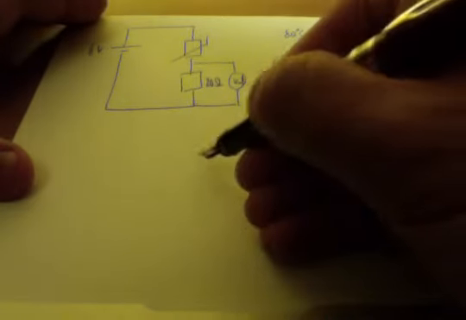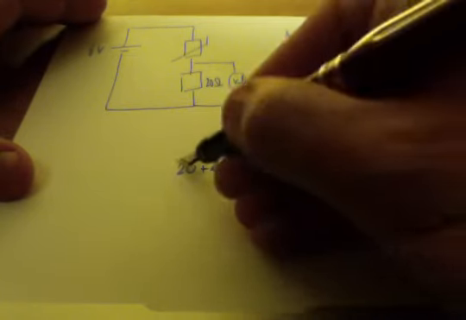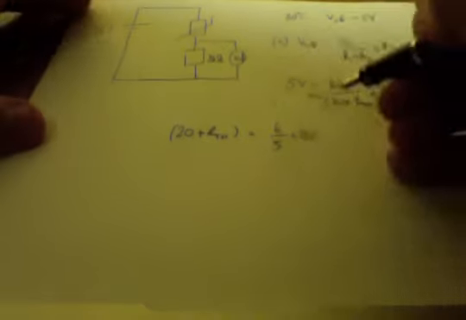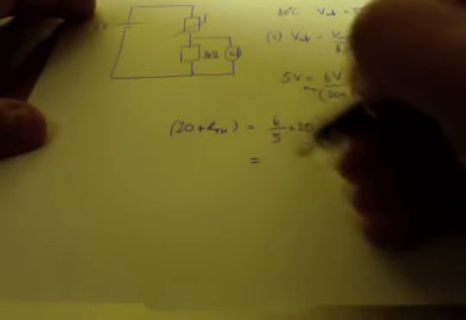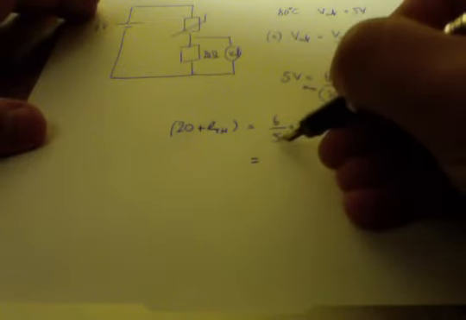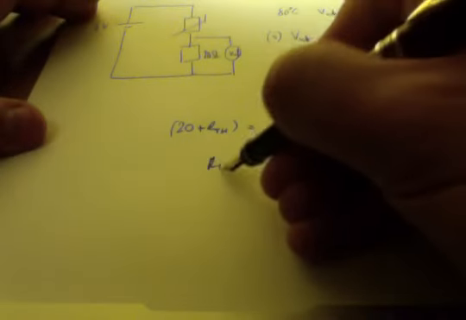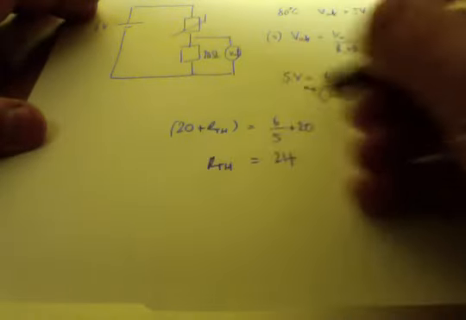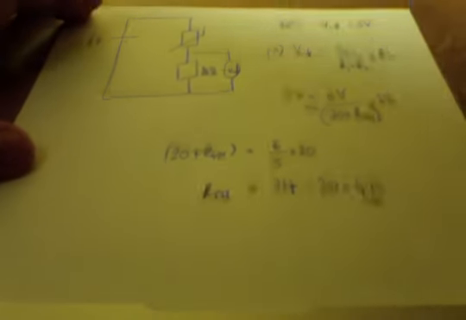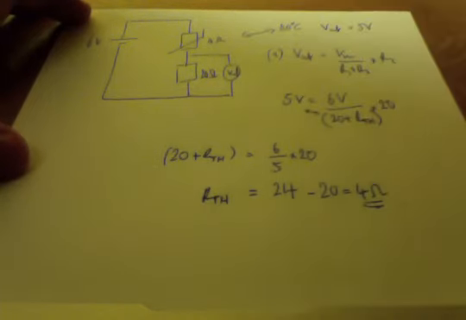Exchange those two. So I've got 20 plus R thermistor equals 6 over 5 times 20. 6 over 5 times 20 gives me, what's that? That's definitely 4. 6 times 4, 24. And I can minus the 20, only 4 ohms. So it's 4 ohms when it's hot.